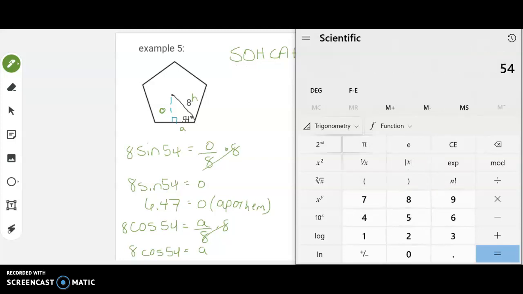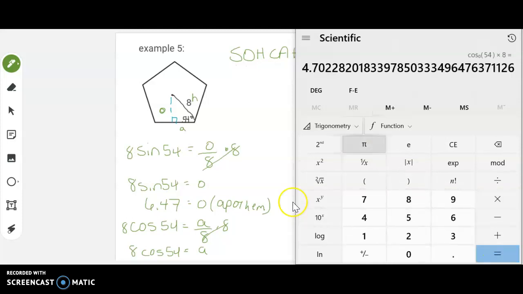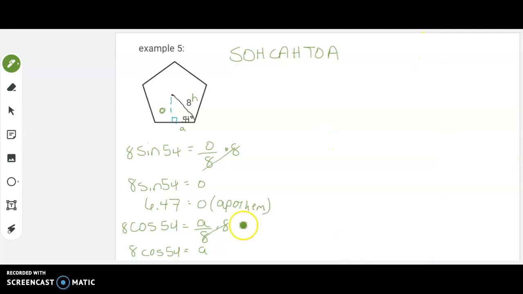So 54 cosine times 8. That's going to give me 4.7. So my adjacent side is 4.7.